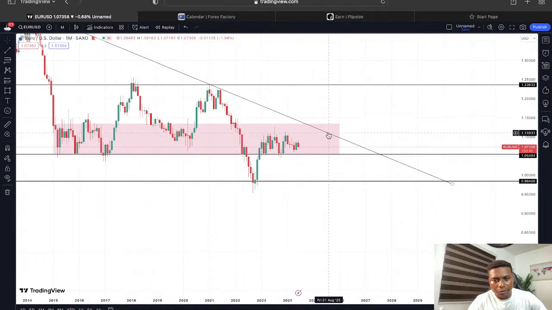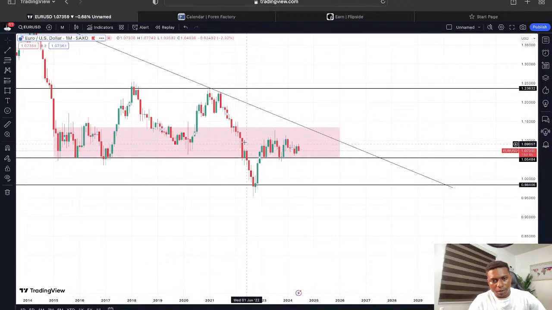So here it is. As you can see now, the market has been consolidated at this level. A breakout happened, the market came back into that same level, went up again, then came into that level and is currently on that level, consolidating.